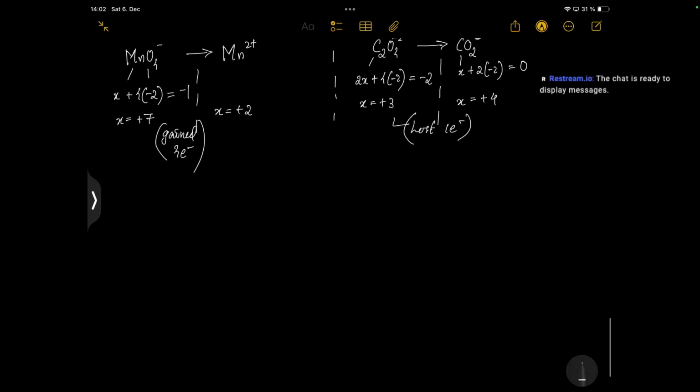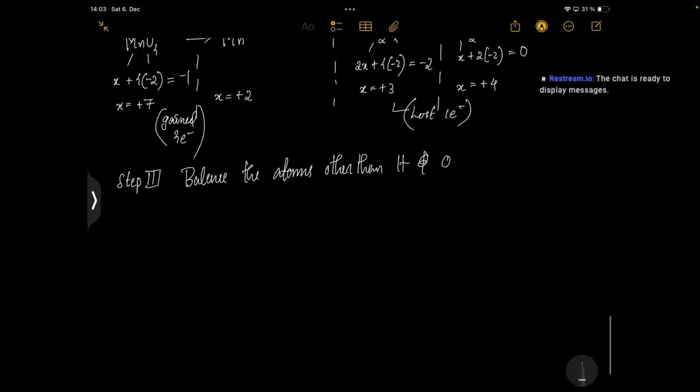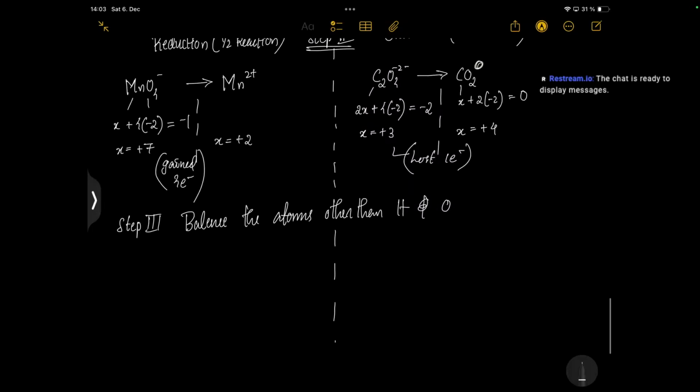Step 2 was assigning the oxidation and reduction half reactions. Now let's move to step 3: balance the atoms other than H and O. Just balance the rest, like manganese and carbon. MnO4 minus gives Mn2 plus.